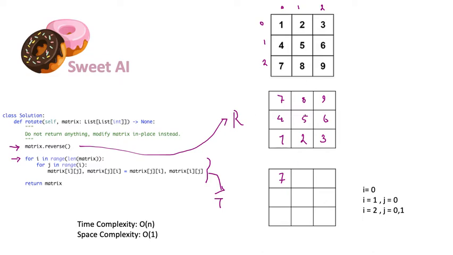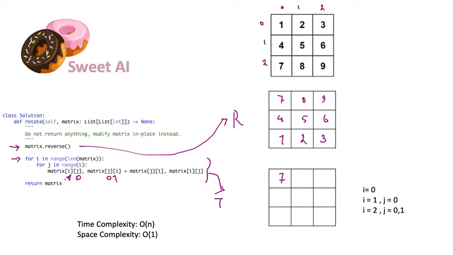Then i is going to be 1, so j is going to range from 0 to 1, but it's not inclusive, so it's going to be just 0. So what will happen here, we are going to put 0 and 1, 1 and 0 here, and 0 and 1 here, and so on.